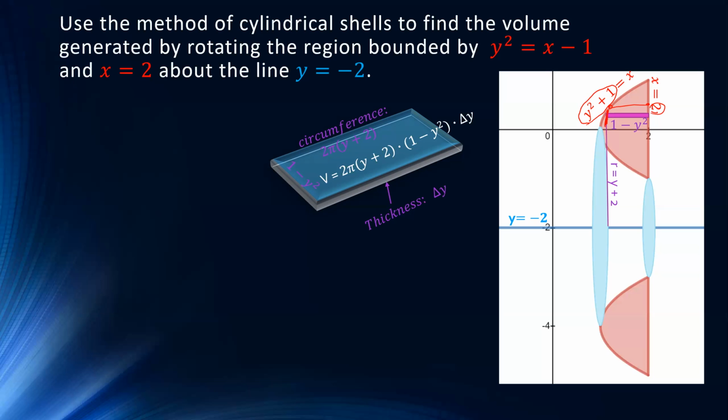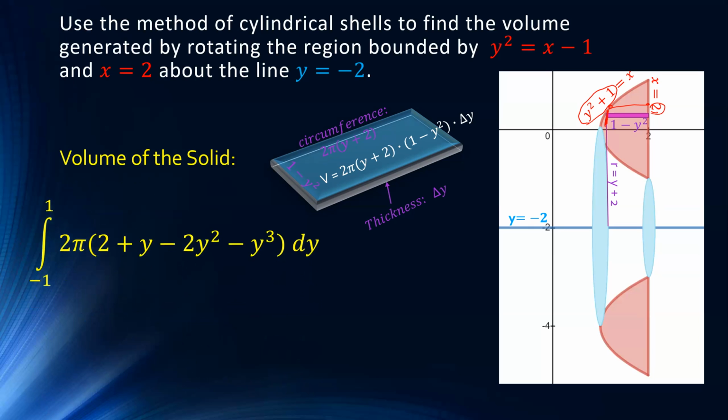With that one shell, we're going to do a summation of a bunch of shells. And then we're going to take the limit as n goes to infinity, which we then define as an integral. The integral will go from -1 all the way up to 1.